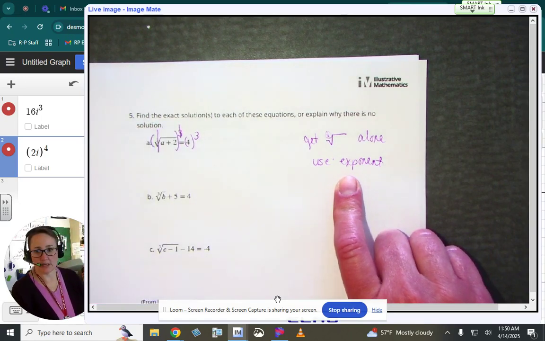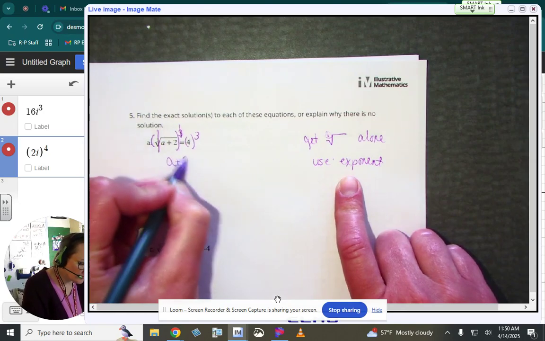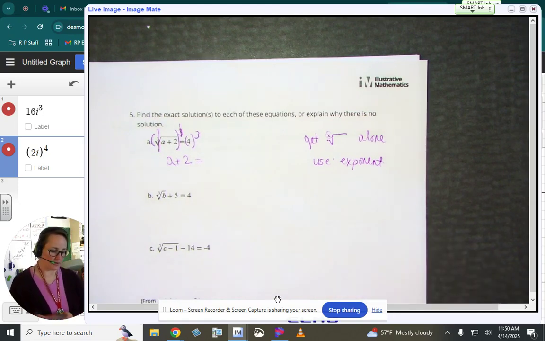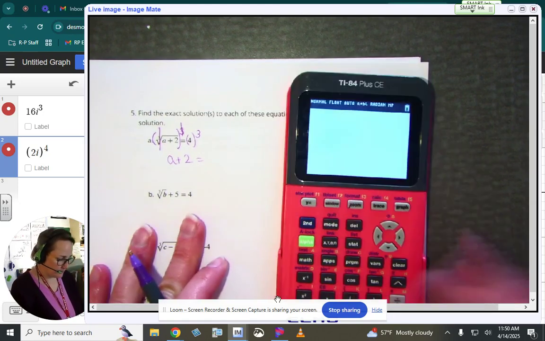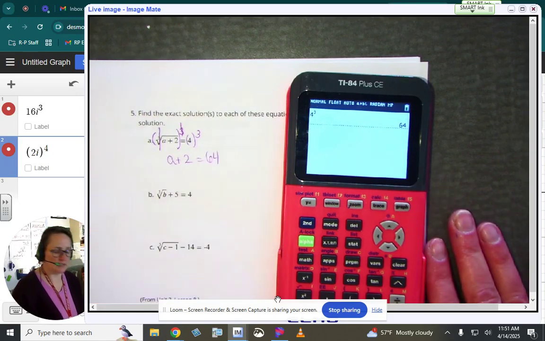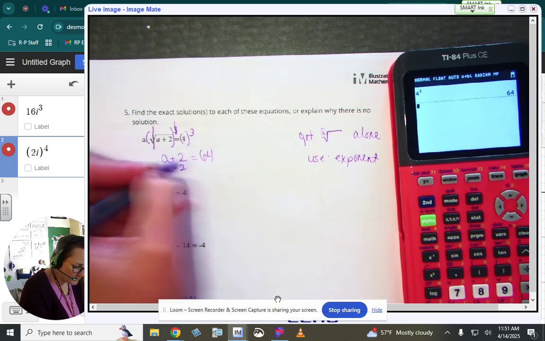Cube and cube root cancel each other out. I still have an a plus 2 here on the left side. And 4 to the third, no shame in this game, 64. So something plus 2 equals 64. Now I'm going to subtract 2.